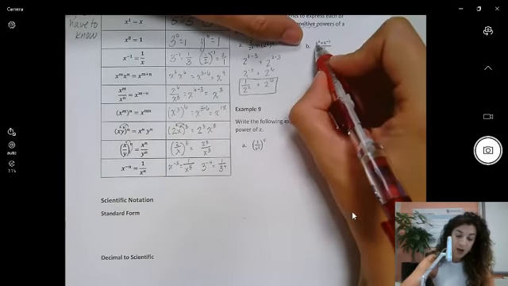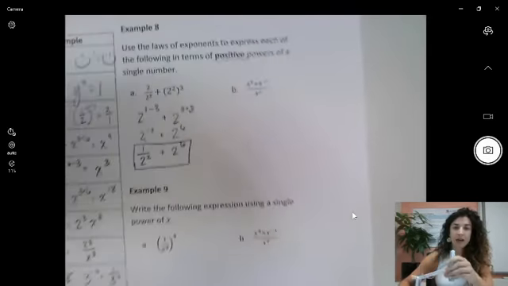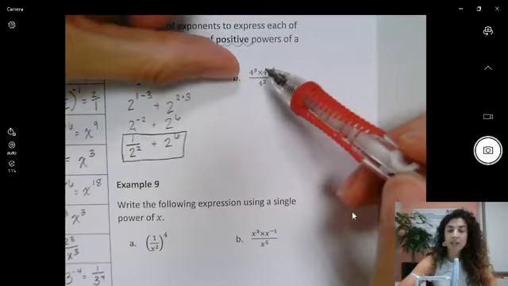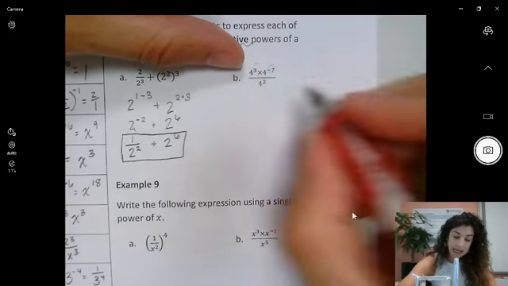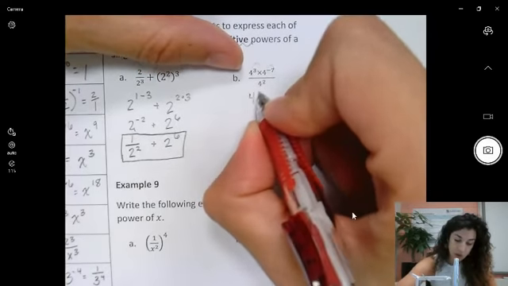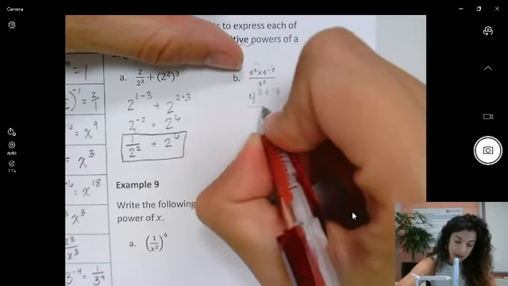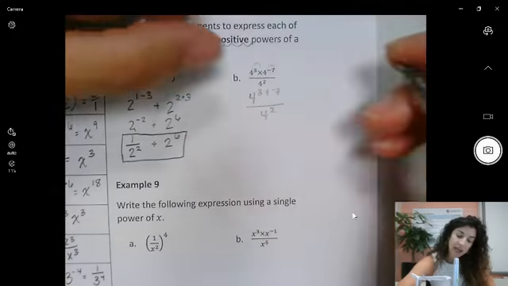All right, next one. We've got 4 to the 3rd power times 4 to the -7 power. Since these are being multiplied, what I do with these exponents is I add them. So I'm going to do 4 to the 3rd plus -7, divided by 4 squared.